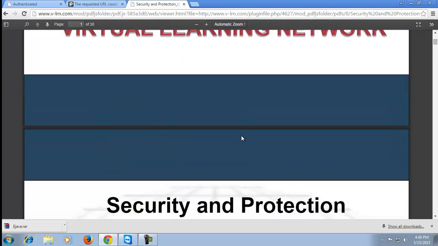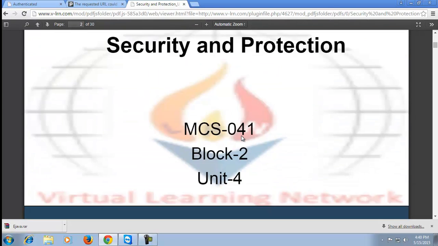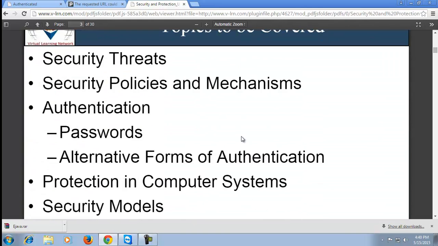The next topic is security and protection, that is block 2 and unit 4. Topics to be covered inside this: security threats, security policies and how to implement these policies for preventing our files from compromising of security and compromising the data throughout the network and where they are traveling on the network.